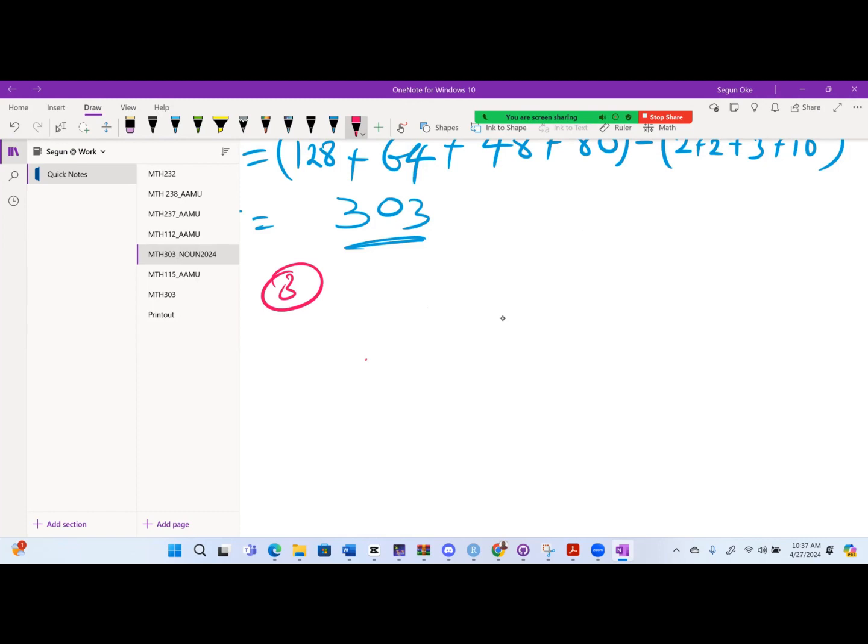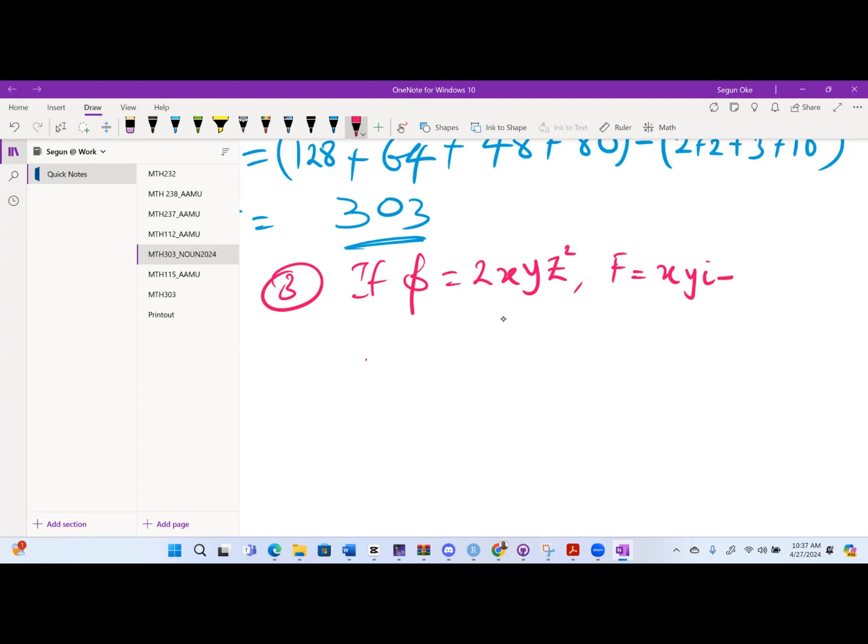Question 3 says, if you have phi equal to 2xyz squared, and you are given capital F, which is the vector, to be xy i minus zj plus x squared k.